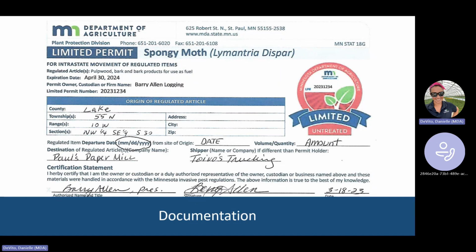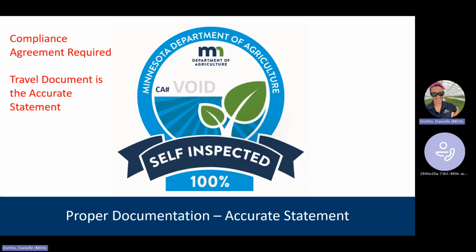A limited permit must be filled out accurately and entirely. They expire annually on April 30th. DNR stubs and/or scale tickets are not acceptable. Please expect to receive your limited permit electronically once we have received all necessary items. Again, a limited permit is only used when going to an approved facility.